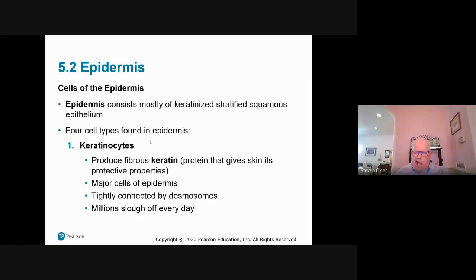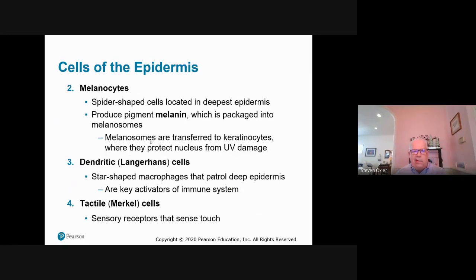The second type of cell is called melanocytes. Melanocytes are spider-shaped cells in the deep epidermis, and they produce the pigment melanin. Melanin is what gives your skin its color. Not only does it give the skin its color, it protects the skin from UV, ultraviolet, damage. The third cell is called Langerhans cells.